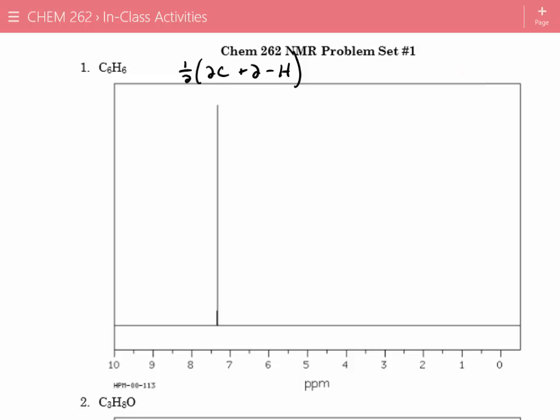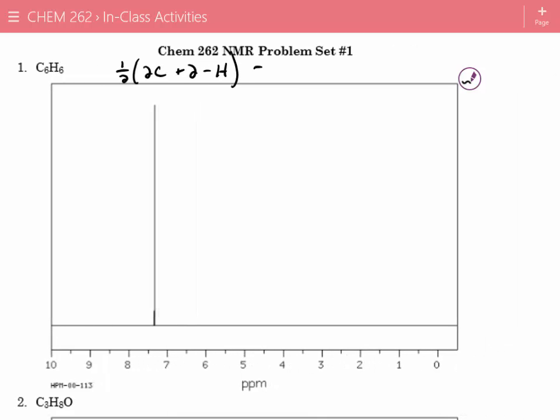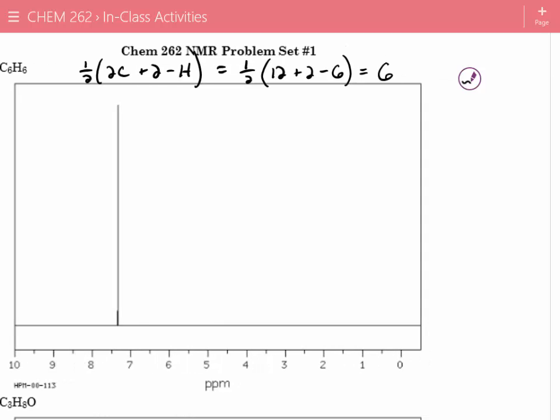We only have carbons and hydrogens. So we've got 1/2. How many carbons? 2 times 6 is 12, plus 2 is 14, minus 6 is 12. That gives us an HDI of 6. Or sorry, 4.